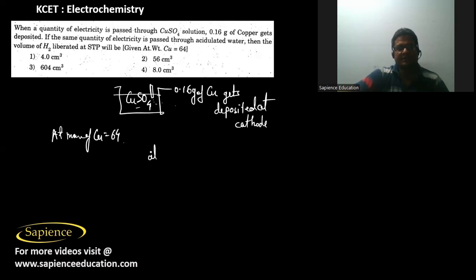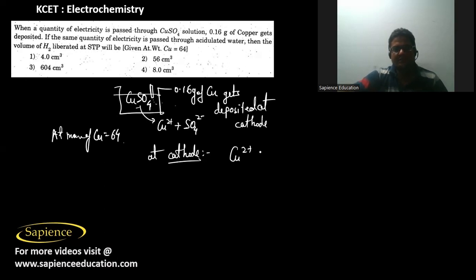At the cathode, copper sulfate has Cu2 plus ions and sulfate ions, SO4 2 minus, so the Cu2 plus ions gain 2 electrons to form copper atoms.